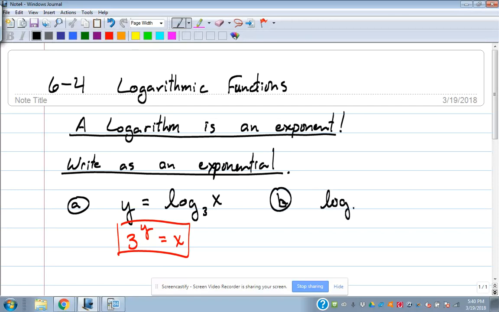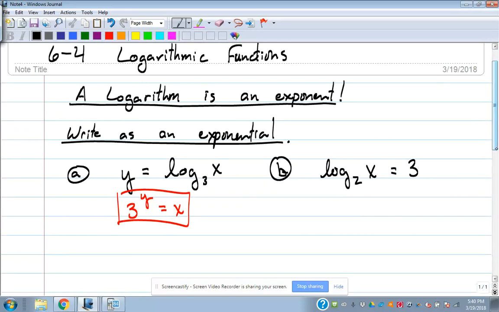Log base 2 of x equals 3. What's the base of the exponential? 2. What's the exponent? 3. Because the logarithm is equal to the exponent. And then we could solve that equation if we need to. We're not worried about that right now.